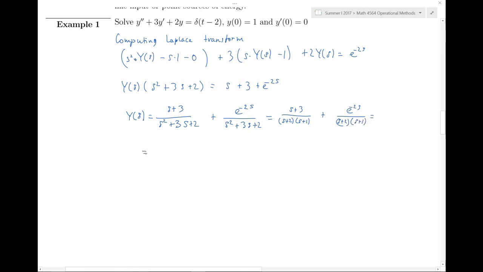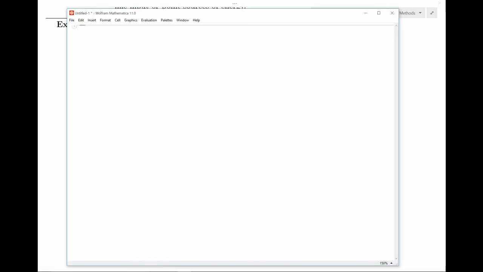The partial fraction decomposition is quite easy to compute. However, let me just do it with Mathematica. So we need the partial fraction decomposition of s plus 3 over s plus 2 times s plus 1. And I also need the partial fraction decomposition of 1 over s plus 2 times s plus 1.